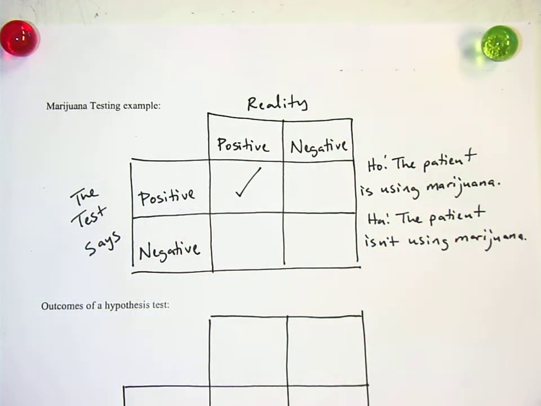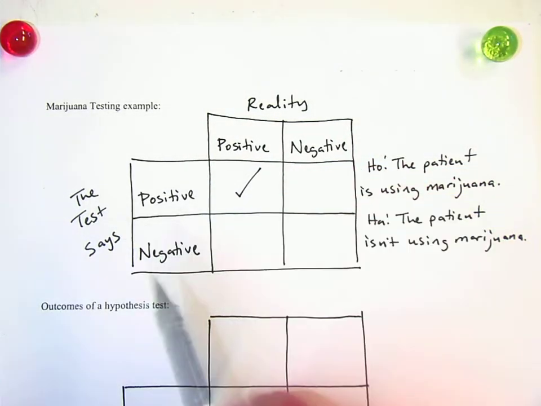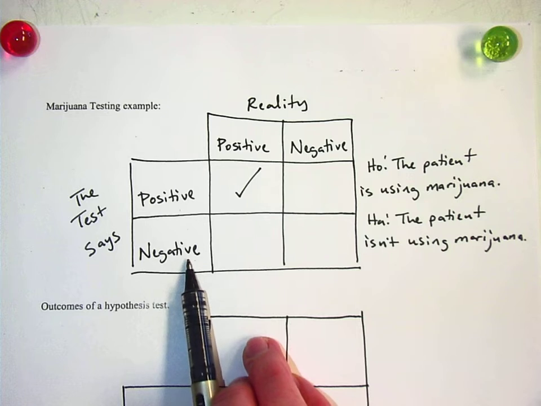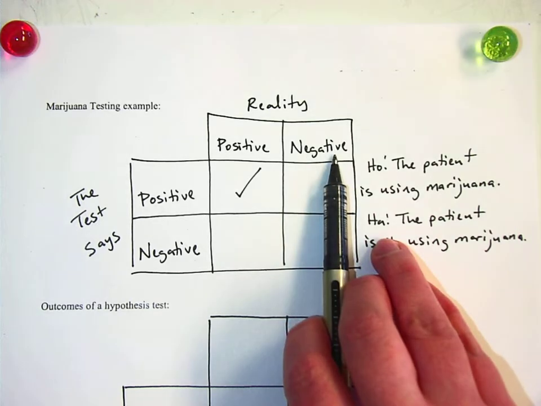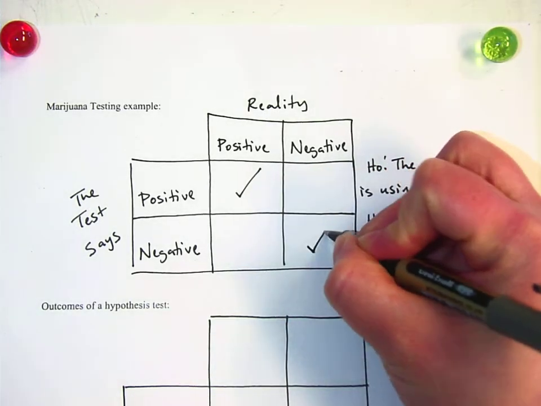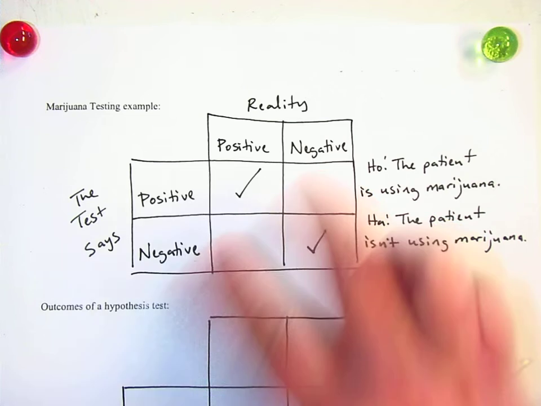It shows that they're positive when they're positive. Opposite of that is the test says, no, they don't have any THC in their system. They have not been using marijuana. And in reality, that's true. The patient has not been using any kind of marijuana, which means that they are negative on the test and negative in reality.